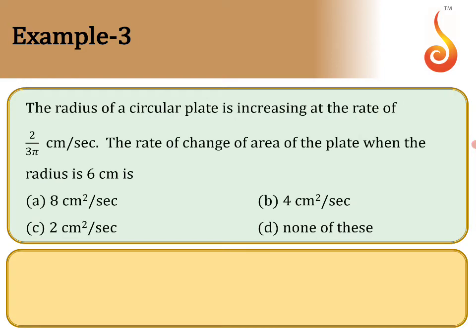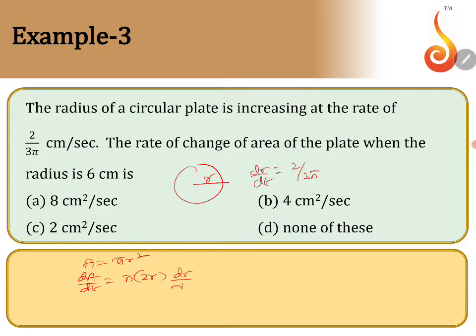The radius of the circular plate is increasing. That means dr by dt is given, which is equal to 2 by 3 pi. The rate of change of area of the plate. What is the area of the circle? Pi r square. Differentiate both sides with respect to t: dA by dt equals pi into 2r into dr by dt.